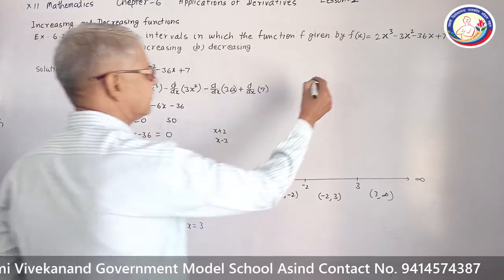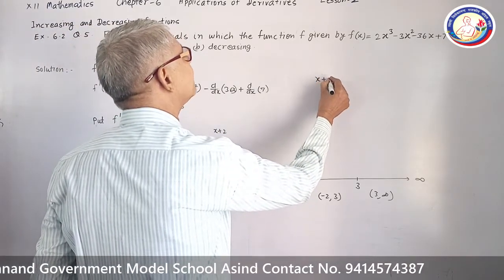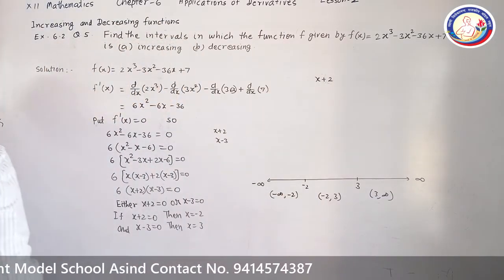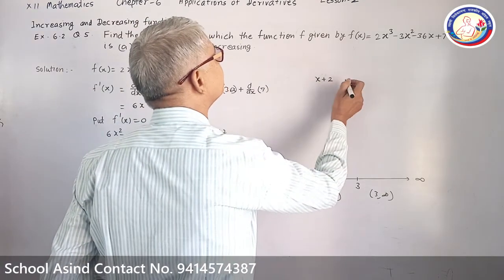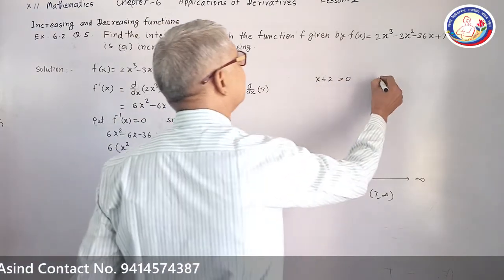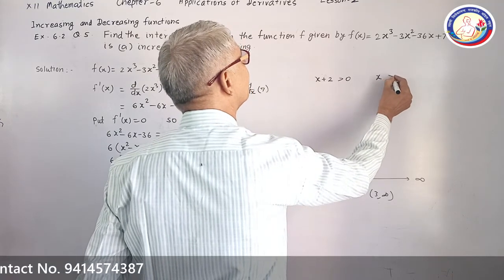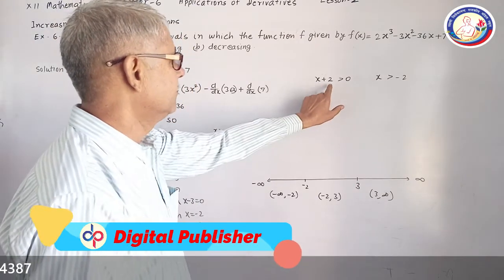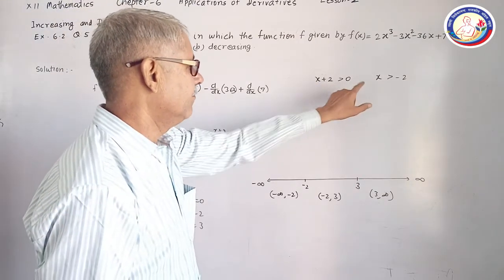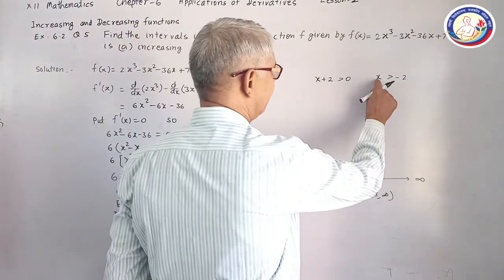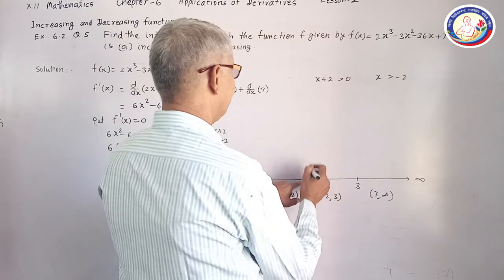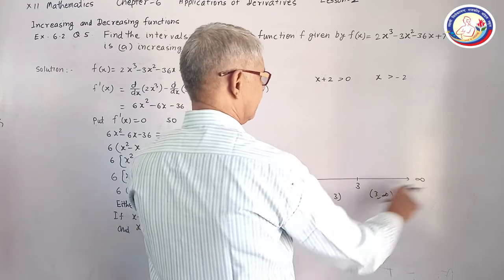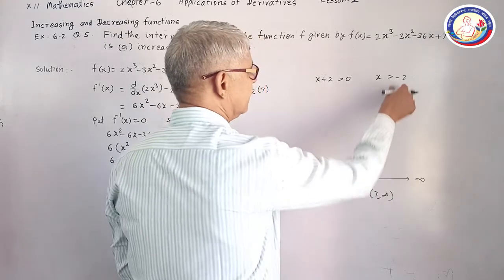Now I am taking this function first. x plus 2 greater than 0, say, then x is greater than minus 2. This function is positive for x greater than minus 2. So for the whole of this part ahead of minus 2, if the values are greater than minus 2, this will be positive.